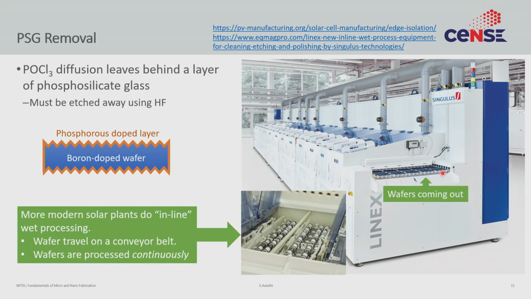Wafers go in, wafers go out, and this can be done at a fairly fast pace by using robots without human involvement, and that really increases the throughput, reduces cost, and is the result of a lot of innovation. Okay, so you can already see this is a significant departure from how Intel or AMD would do wet processing. Solar cell does it at a scale that is truly mind-boggling.